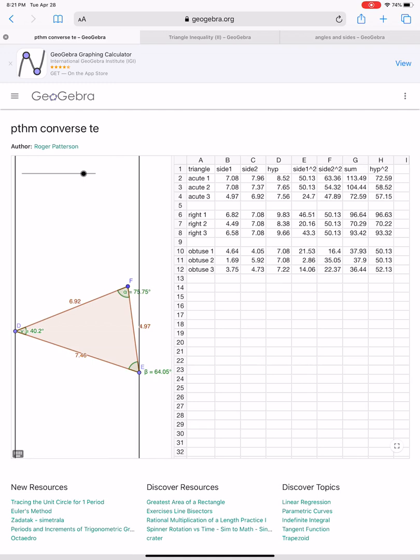In every single case, the G is larger than the H. In the right triangle, they're identical almost, like 96.64, 96.63, really close. Same with the 70s and those two 93s. In the obtuse triangle, we notice it's just the reverse of what we had with the acute, okay? That the H column is larger than the G column.